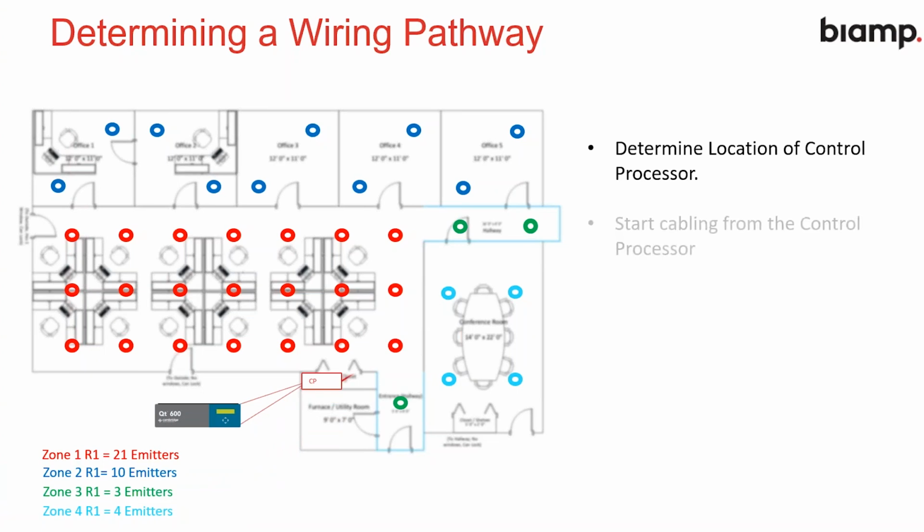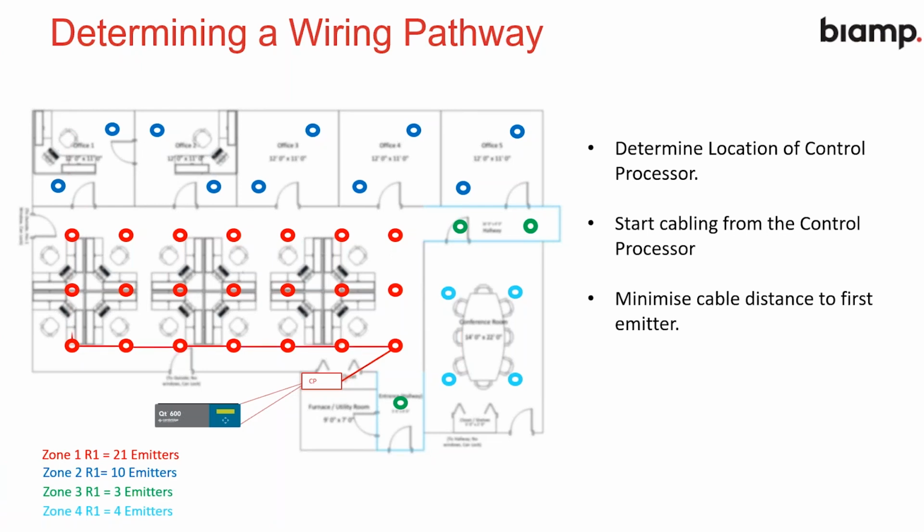From the control processor, we need to go to the first emitter. We would always try to minimize the cable distance to the first emitter, ideally. And then we go from that emitter to the next one and so on. We normally follow something like this type of arrangement. You could go vertically up and down or horizontally.